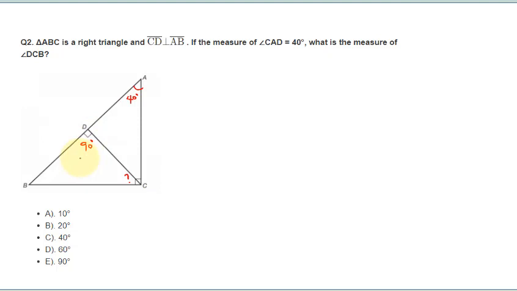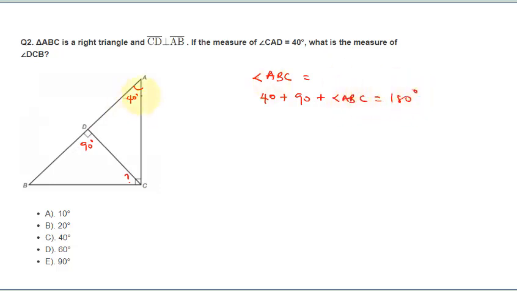Okay, so in order to solve this question, now you know this is a big triangle. So here it's 40, here's 90. So we want to get here. So let's look for angle ABC. In order to get angle ABC, we're going to do 40 plus 90 plus angle ABC. It's going to give us 180 degree.